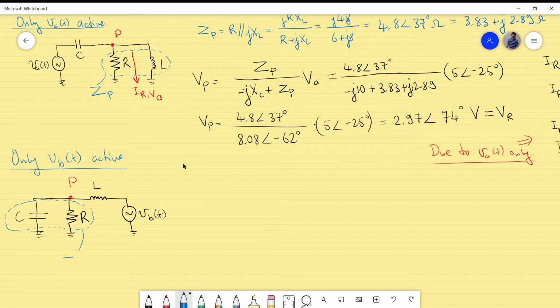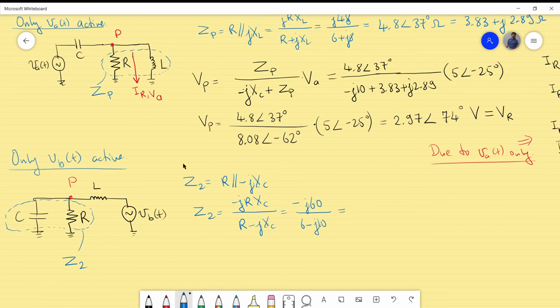So if I designate this as Z2, just different from ZP, of course, what we have is Z2 will be the parallel combination of R and minus jXC, and this will be minus j times R times XC divided by R minus jXC. If you now calculate R times XC, R was 6 and XC was already calculated as 10, it will be minus j60 divided by 6 minus j10.